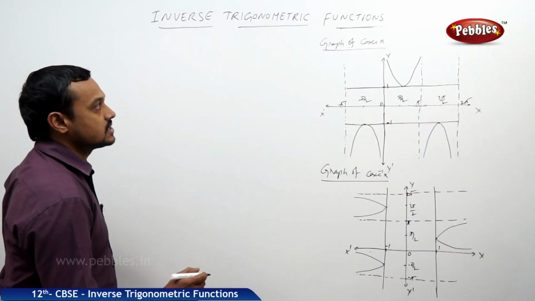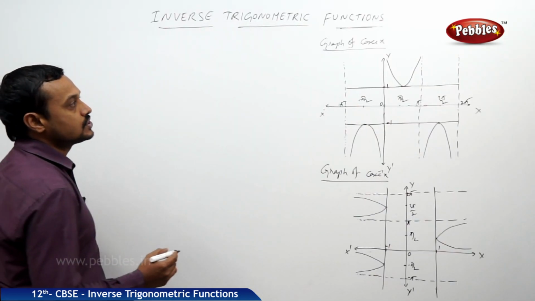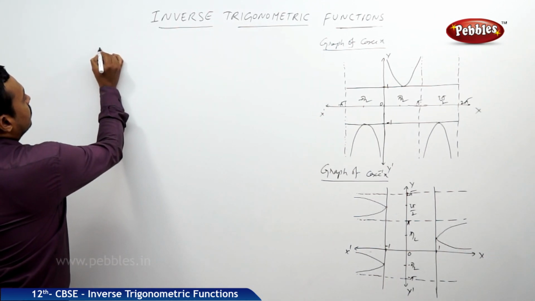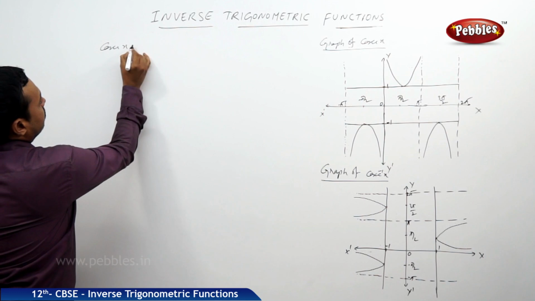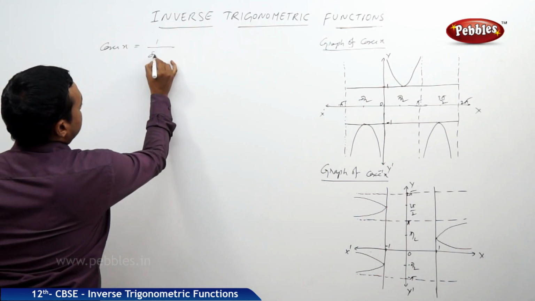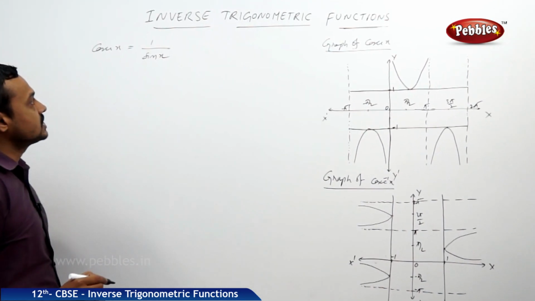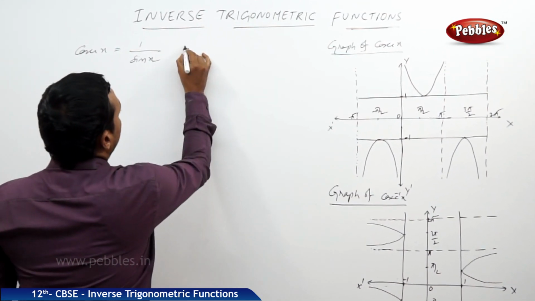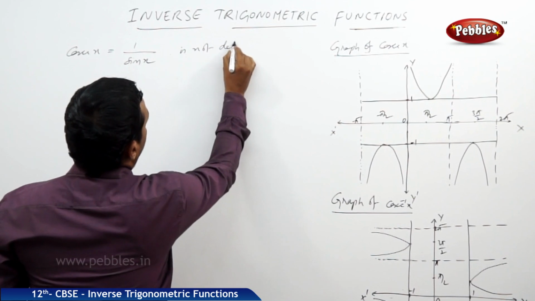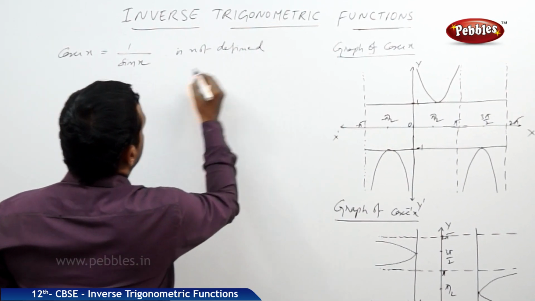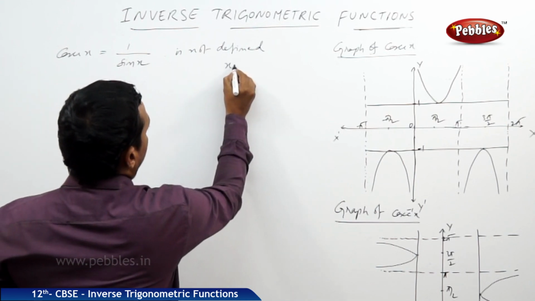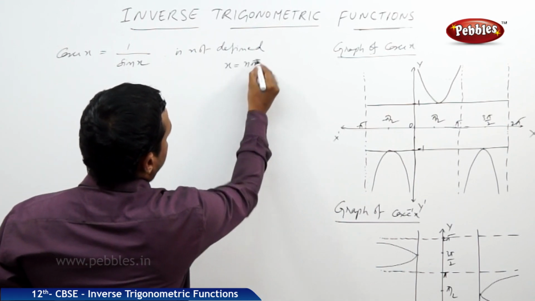Okay, now let us define the inverse of cosecant x. You know, cosecant x is equal to 1 by sin x, the reciprocal of sin x. Therefore, this is not defined. 1 by sin x is not defined when x is equal to n pi.